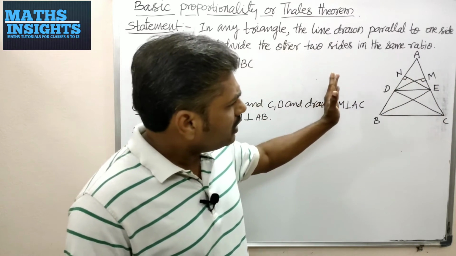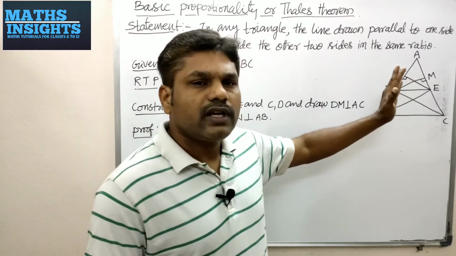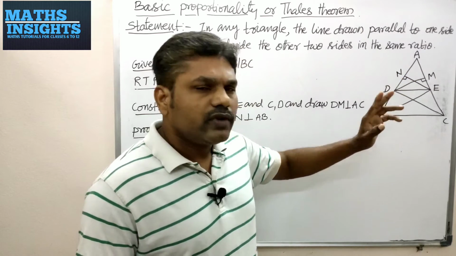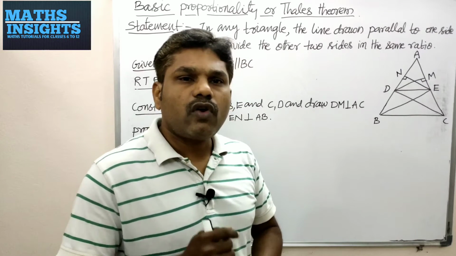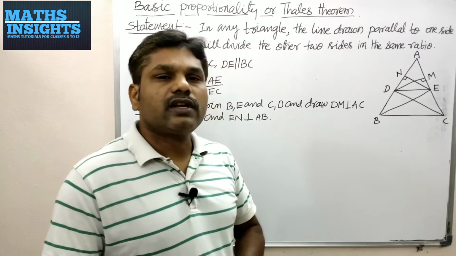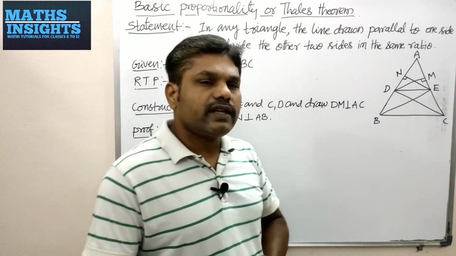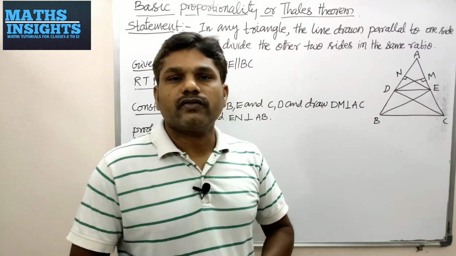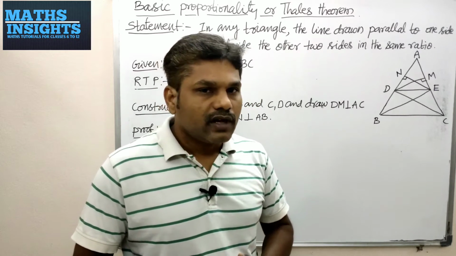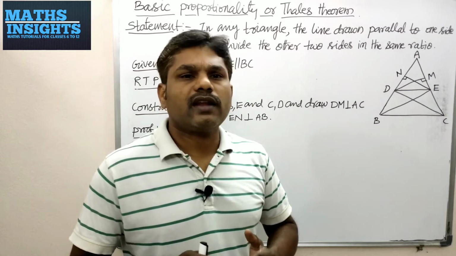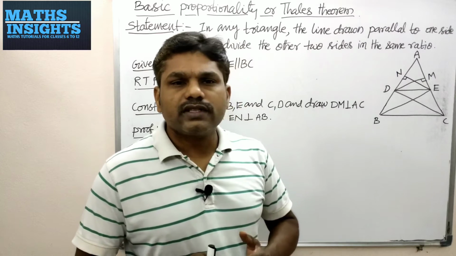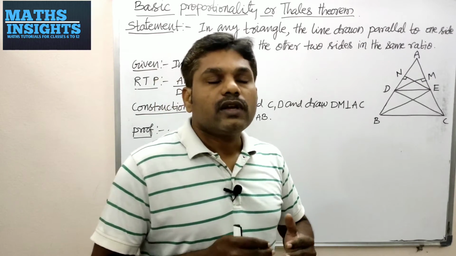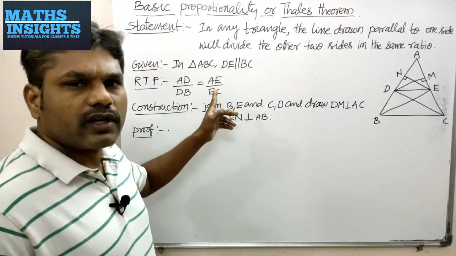So, I will take this on either side of the triangle, then we will get two equations. After that, I will use one already proved geometrical conclusion: the areas of two triangles which are on the same base and between the same parallel lines are equal. By using these three equations, I will get that these ratios are equal.